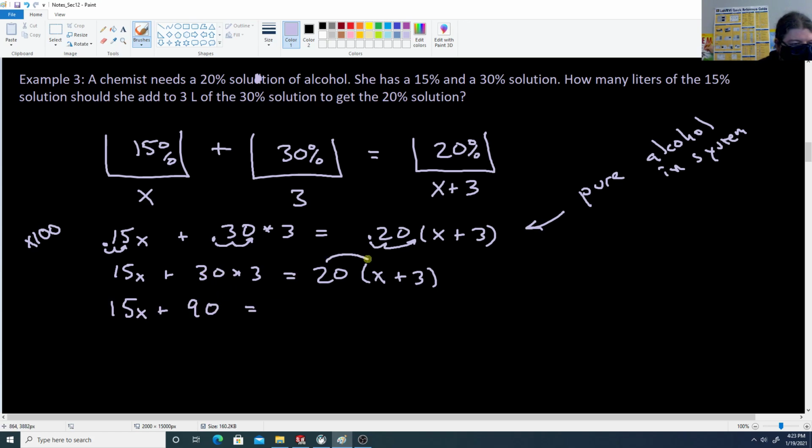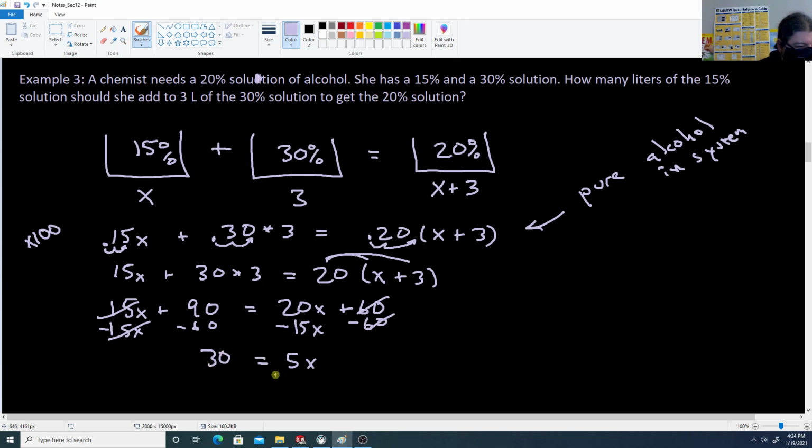That's going to equal the 20 will distribute, so we'll get 20x plus 60. Need to gather all my x's together, so I'll subtract the 15x's across, which will leave me 5x's. And then 60, I'm going to subtract the 60 on over, which will leave me 30.